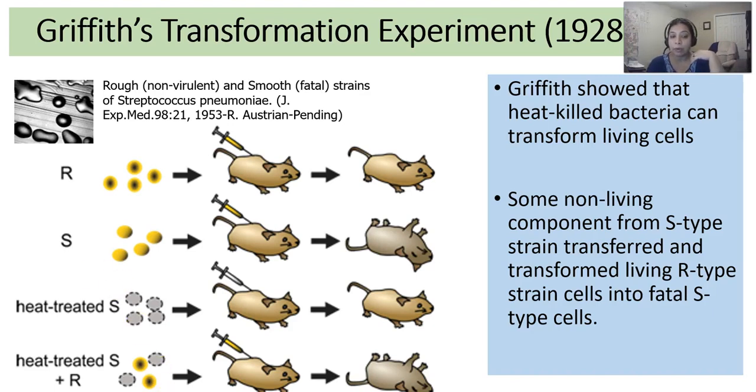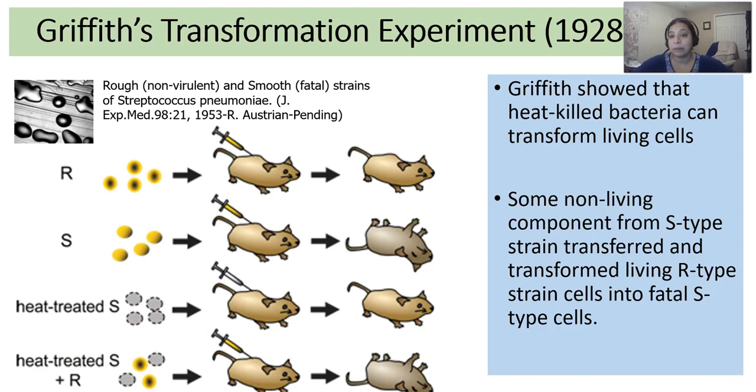So somehow the heat treated S strain, something non-living left behind inside it, was able to transform the rough bacteria into the more virulent, more fatal strain that then caused this infection in the mice and killed them. Obviously, that was extremely interesting for multiple reasons, right?